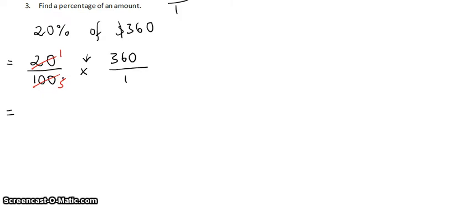And we could simplify this further, because 5 can go into 360. 360 divided by 5, just a quick check on my calculator, is 72. And 5 goes into 5 once. Now we can multiply very easily. 1 times 72 is 72. And 1 times 1 is 1. So we know that 20% of $360 is $72.